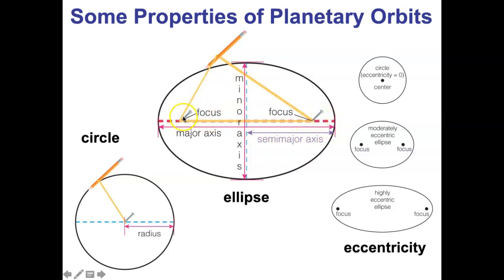There are these 2 fixed points in space, and if I take 2 nails and a loop of string, and take a pencil and pull that string taut so that it makes a nice tight triangle, then if I sweep the pencil out in all directions, keeping the loop of string taut, that pencil will draw out this ellipse.